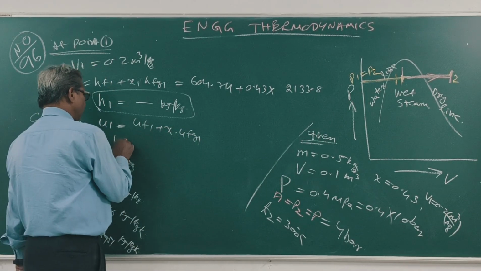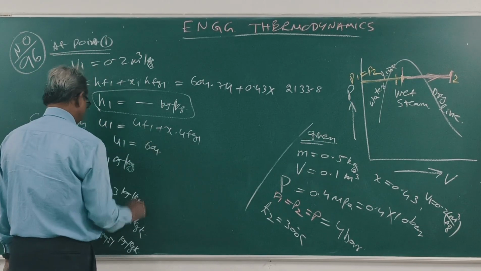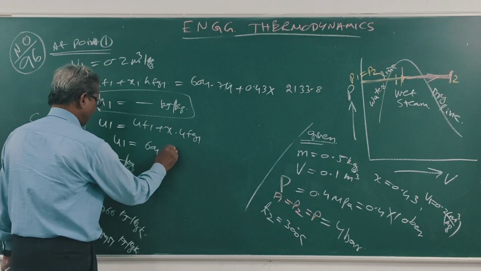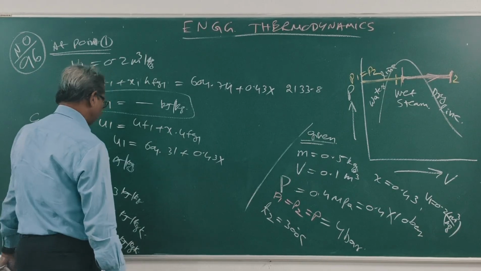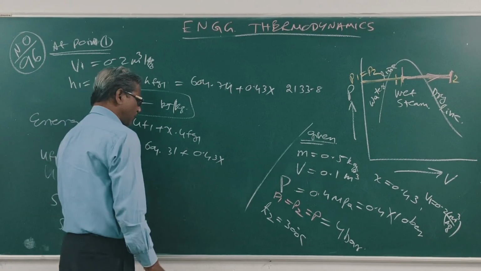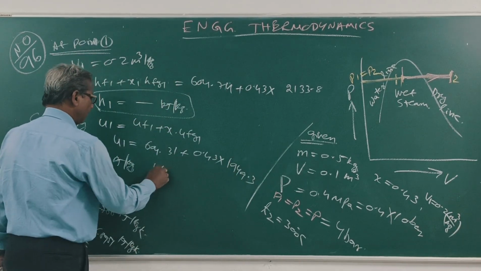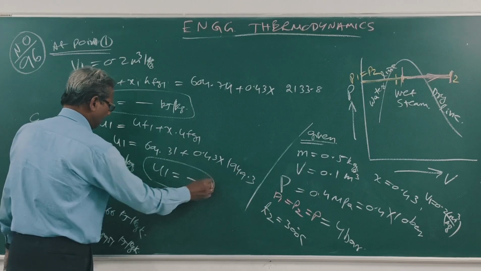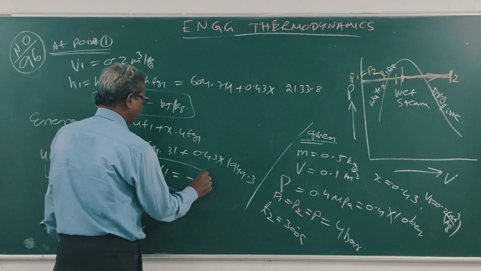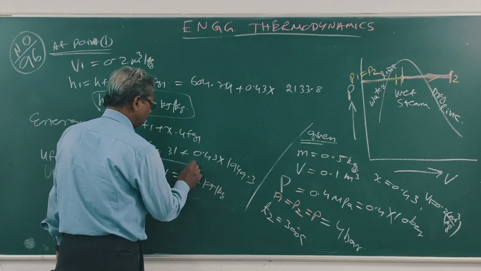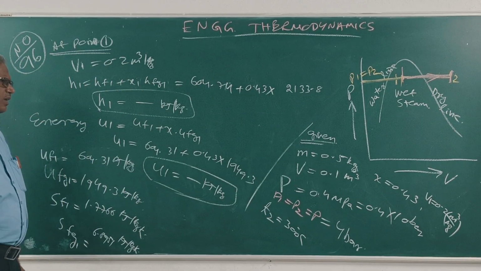What is UF? 604.31, plus X, 0.43, into UFG 1949.3. You will find out U1 in kilojoule per kg. Write this down: H1, U1, V1.